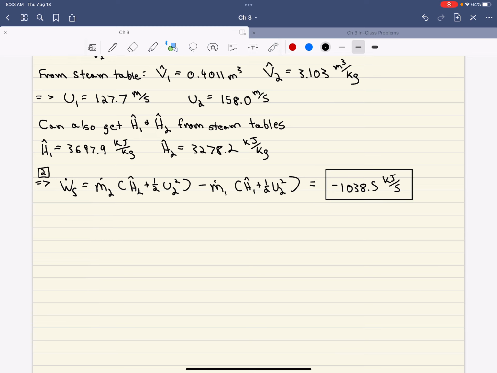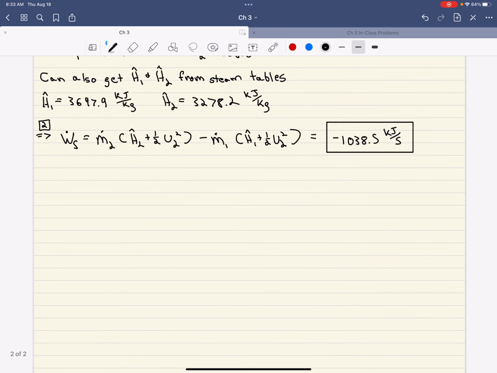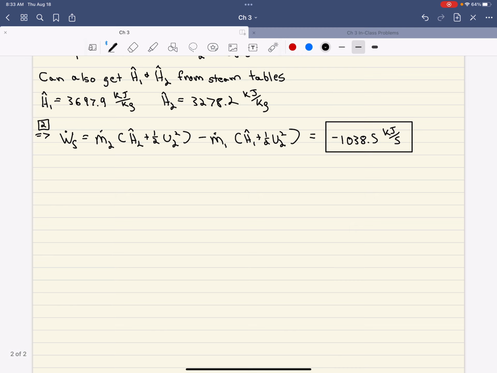Okay. All right, and so the way I'm going to do that is first the mass flow rates M1 and M2 are the same, so that isn't going to change. But what I want to do is compare the kinetic energy change, so 1/2 u2 squared minus u1 squared.